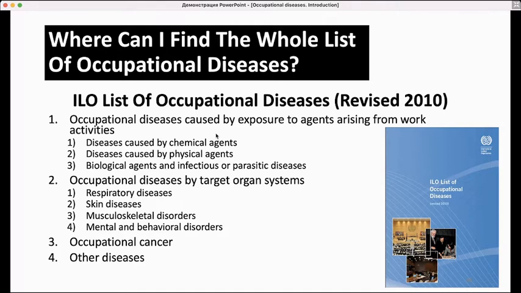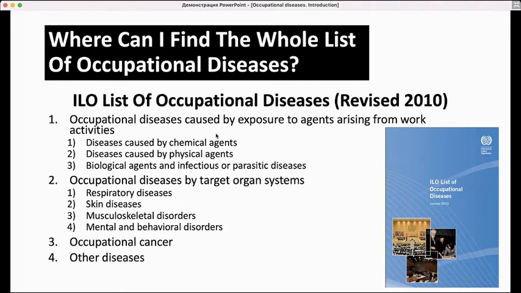The second group is occupational diseases by target organ systems. Here we have, for example, respiratory diseases, skin diseases, musculoskeletal disorders, or mental and behavioral disorders. And especially we have a group of occupational cancer, and the fourth is for other diseases and disorders.